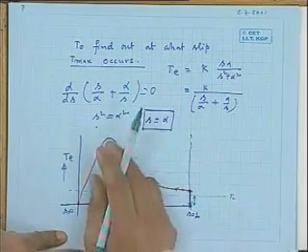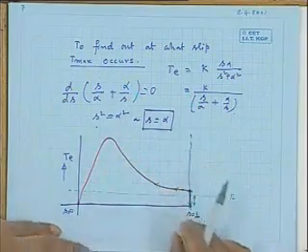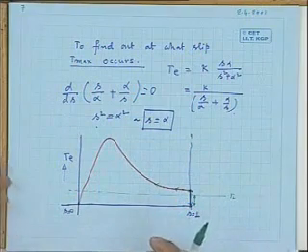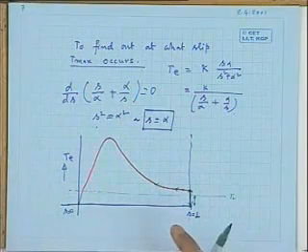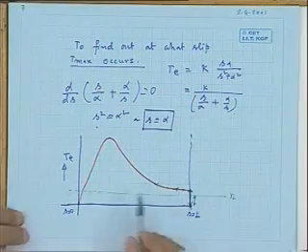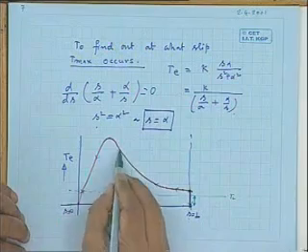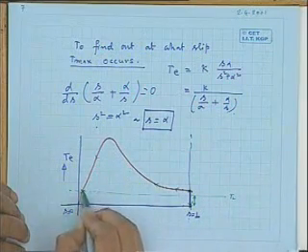And where will it finally settle? See, at all these points it is accelerating. Accelerating torque, of course, is not a fixed thing. It is changing with time. But nonetheless, it is always trying to accelerate the motor. So where will it finally settle? It will settle here.